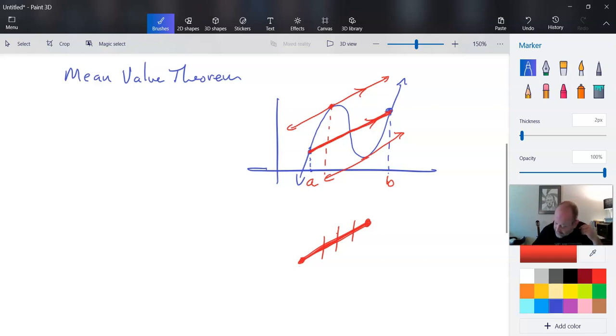Now I'm going to write it out in math speak instead of just drawing a picture, but the picture applies.